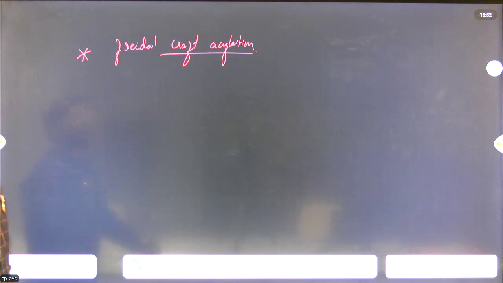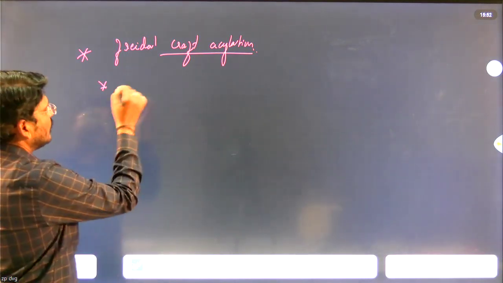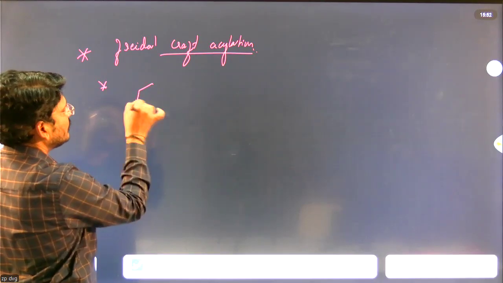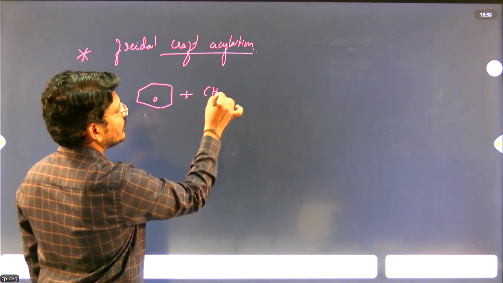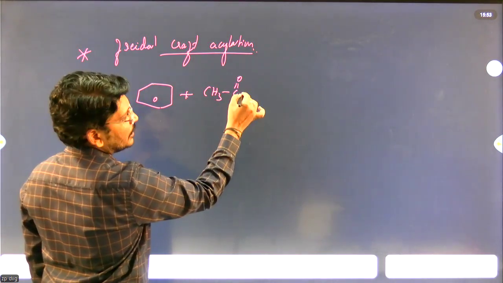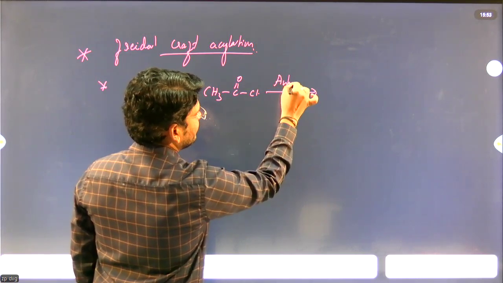Friedel-Crafts acylation we can use for the preparation of ketones. Here we can consider the same benzene. This benzene should react with acyl chloride, that is CH3C double bond OCl, in the presence of the same anhydrous AlCl3.